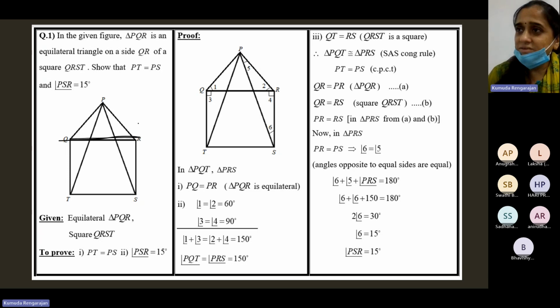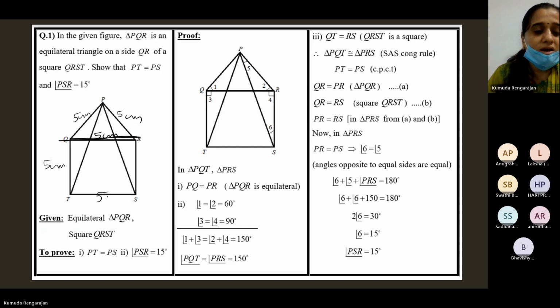Now let's just take some numbers to understand better. Say the side of the equilateral triangle is 5 centimeters. So it'll be 5, 5 and 5. Now if QR is 5, that means QR is the side of the equilateral triangle as well as the side of the square, right? So automatically all the other sides of the square also measure 5 centimeters.